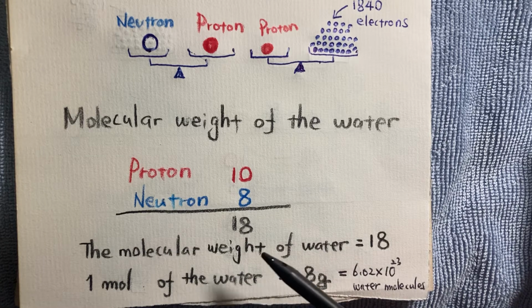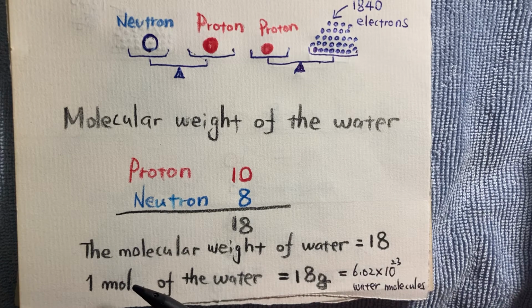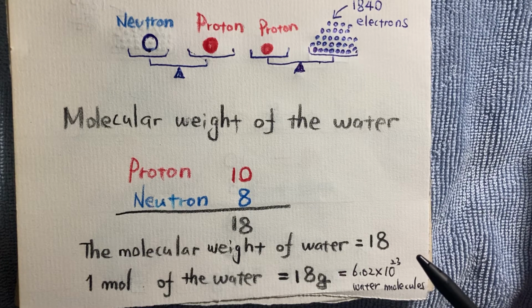The molecular weight of water equals 18, number only. 1 mole of water equals 18 grams, equal to 6.02 times 10 to the power of 23 water molecules. This is where the explanation in chemistry textbooks ends.